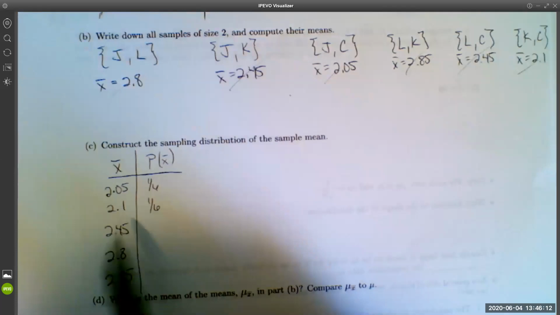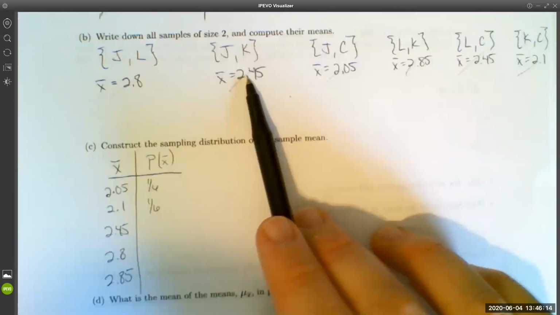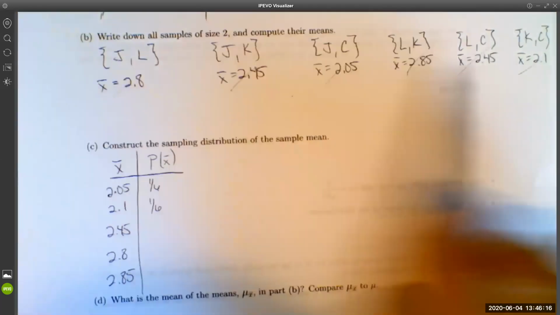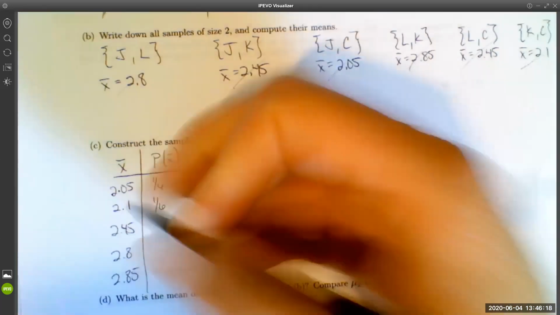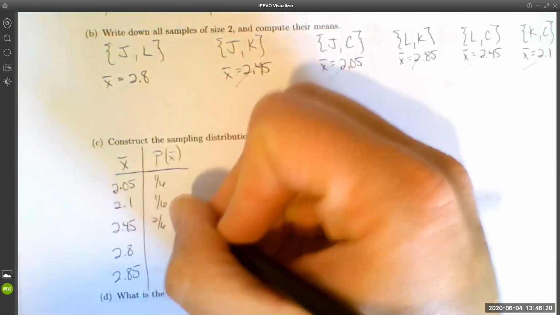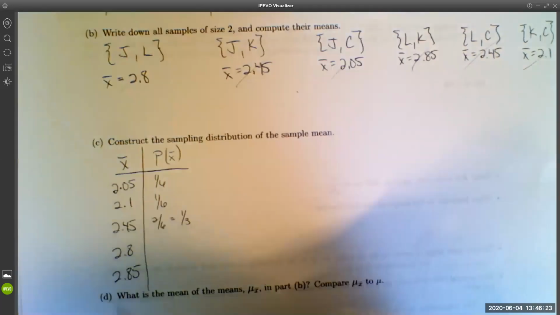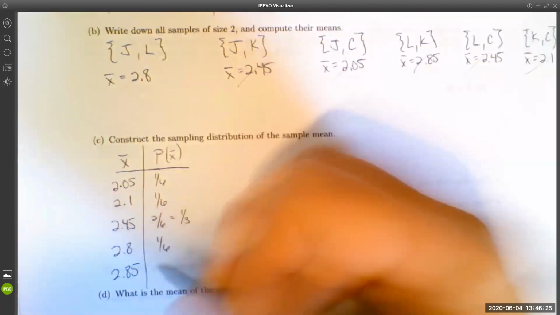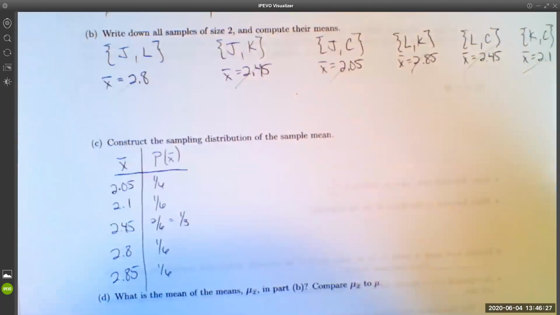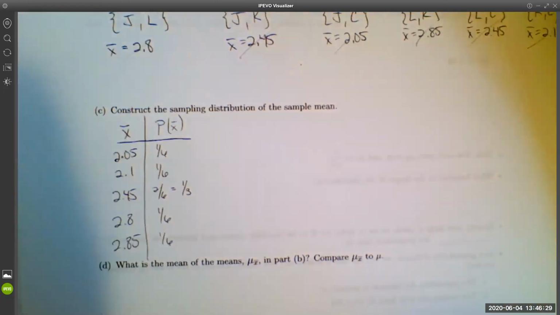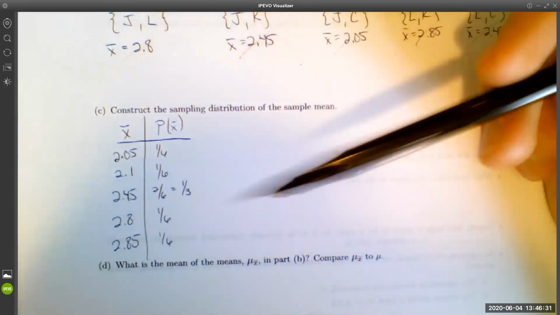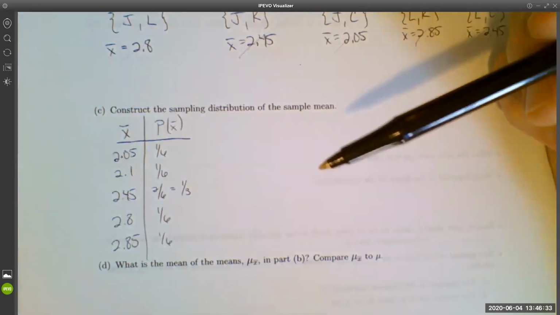The probability x bar is 2.45, now that's 2/6, because that happened twice. So 2/6, or in other words, 1/3. Probability x bar is 2.8, 1/6, 2.85, 1/6. And this is a probability distribution, right? If you add these up, you get 6 out of 6, which equals 1.